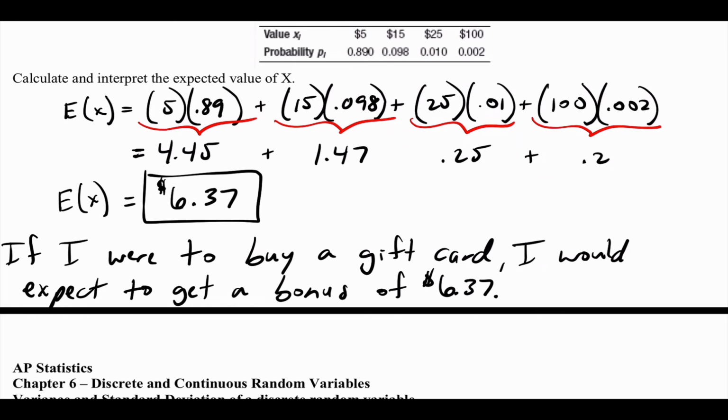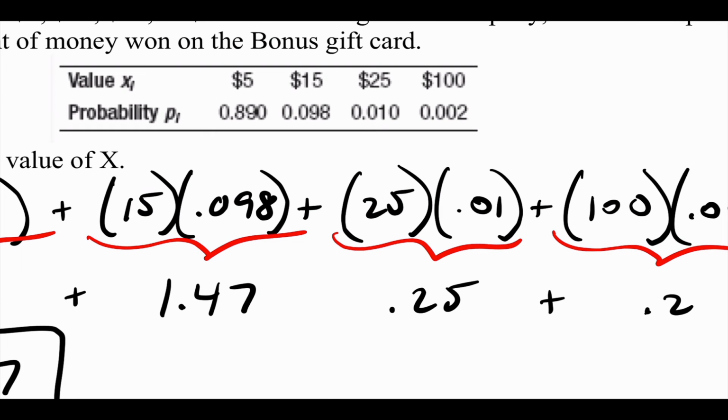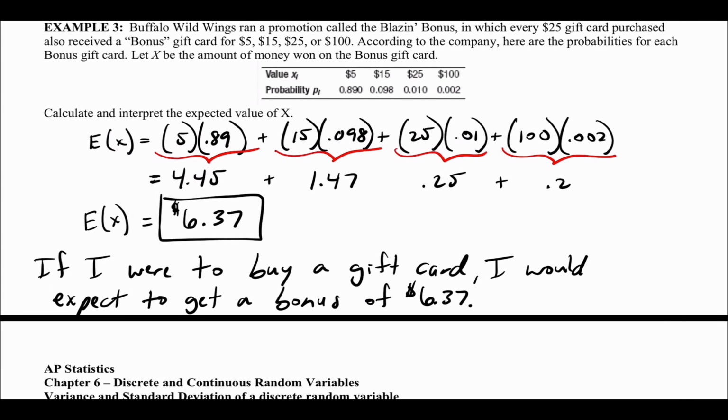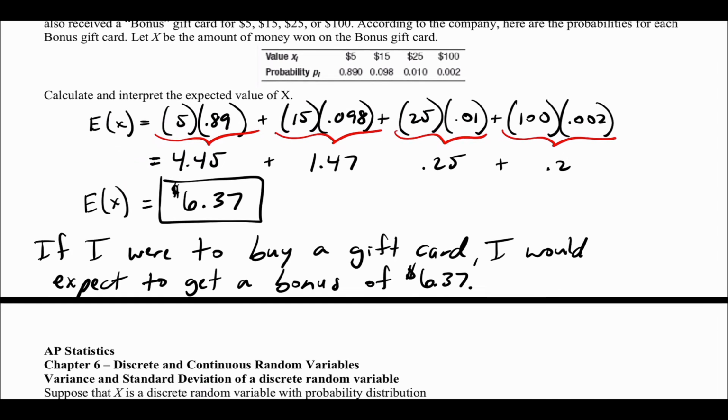It's the same thing. If I were to walk in, most people would get $5. Some people would get 15. Some people would get 25. And there's a few people, 2 for every 1,000 that walk in, would get $100. But that's how we interpret it.